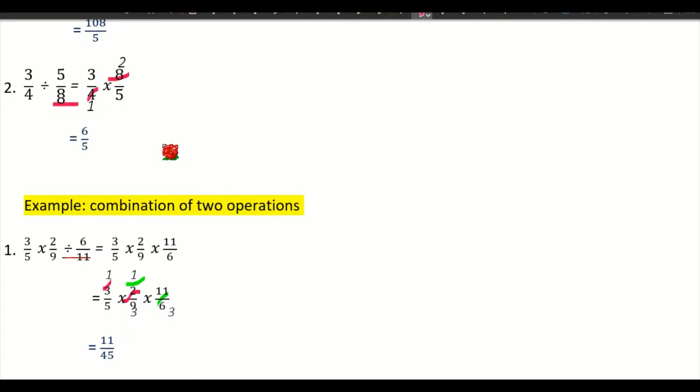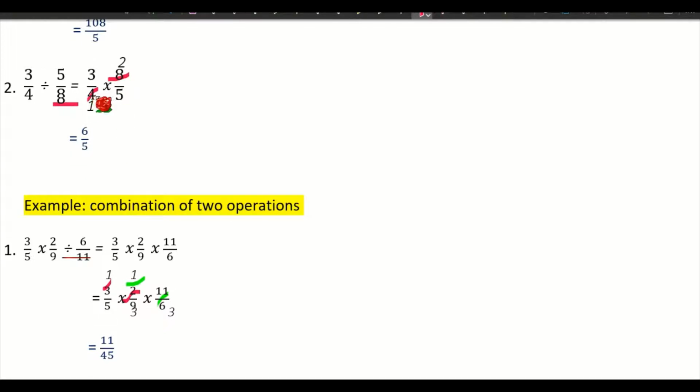Pero yung 24 over 20, they are both divisible by 4, so pwede mo pa silang i-reduce to lowest term. But here, ang gagawin natin is we're going to apply cancellation before we multiply, para yung sagot natin is already in the simplest form.